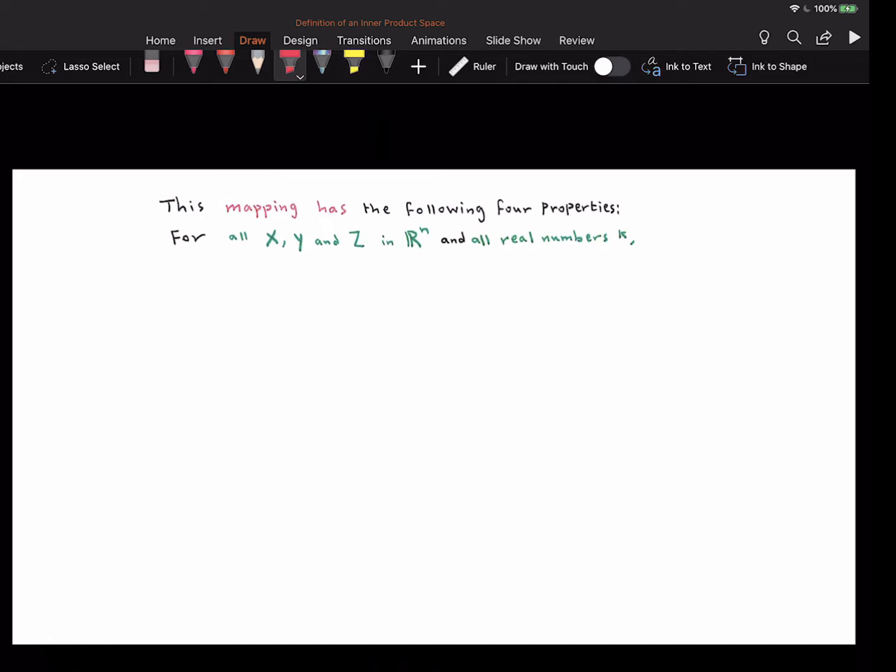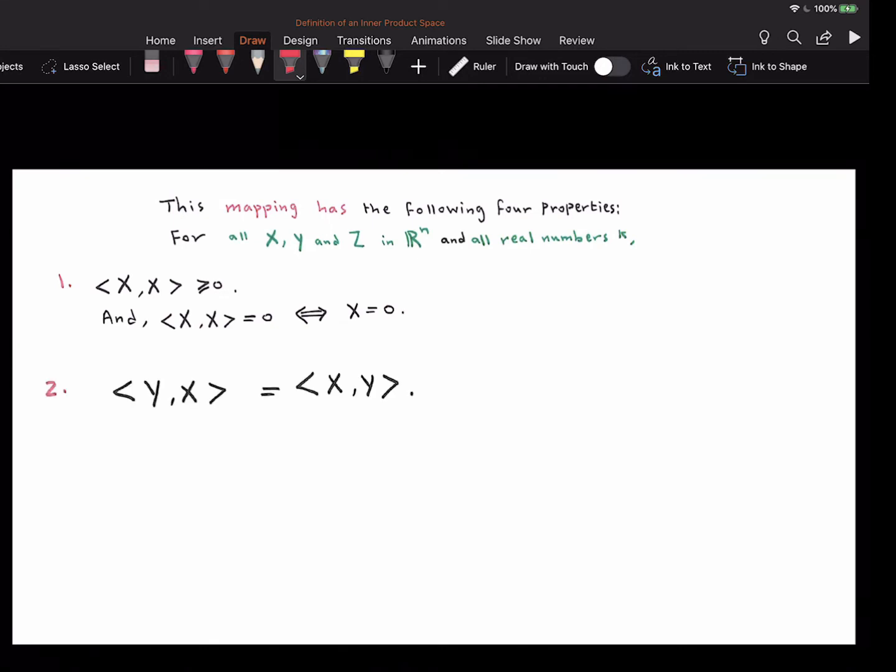For all x, y, and z in R^n, and all real numbers k as scalars. Number one, the inner product between any vector and itself should be greater than or equal to 0, and it will be 0 if and only if x equals 0, so the vector itself is 0.